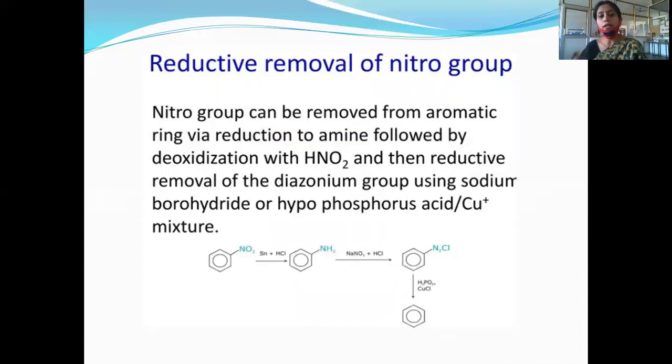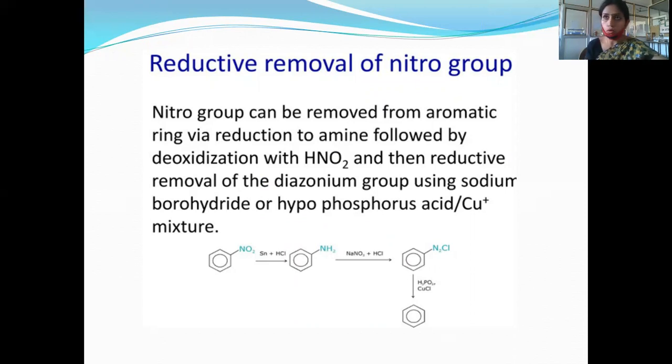Then there is reductive removal of the NO2 group. That means the NO2 group can be removed from the aromatic ring via reduction. So we cannot restrict the reduction to NO2 to NH2 only; this nitrogen group can as a whole be removed from the ring. So how can it be done?